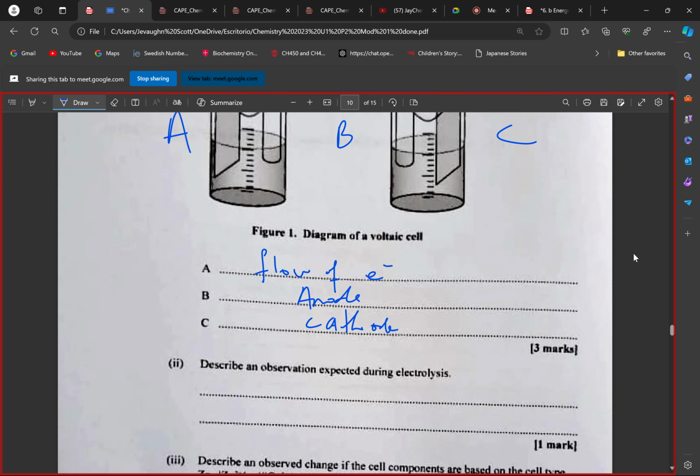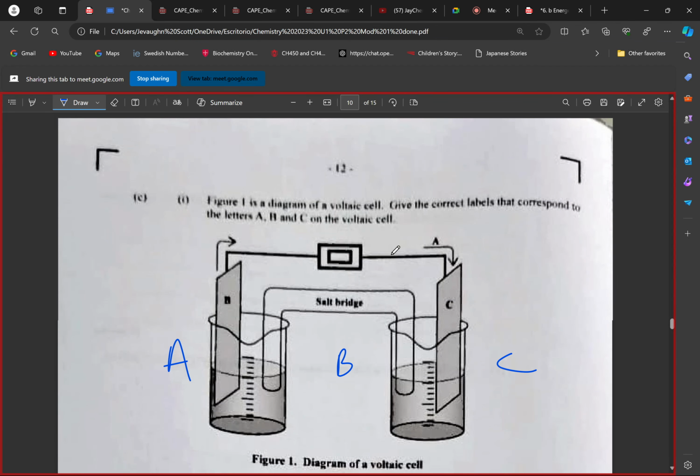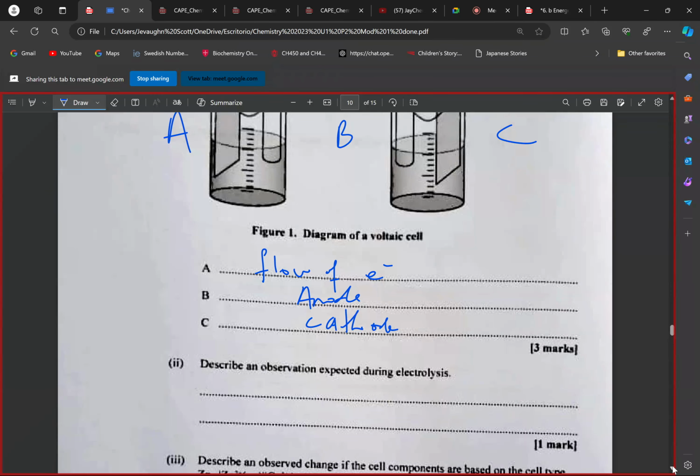Describe an observation expected during electrolysis. What can you expect during an electrolysis reaction? You could expect the mass of the anode to decrease and the mass of the cathode to increase. That's one. Yes.